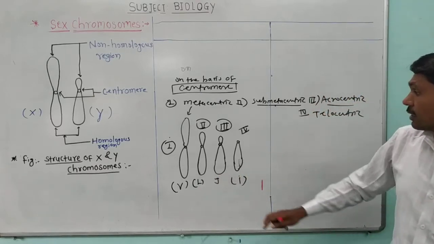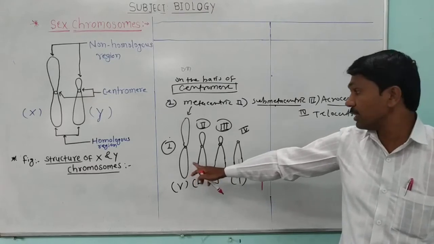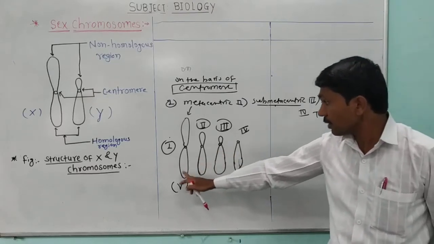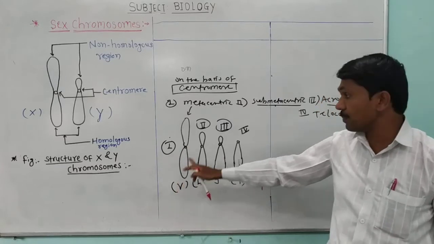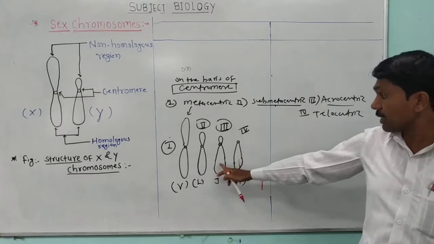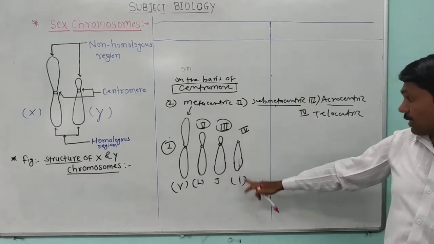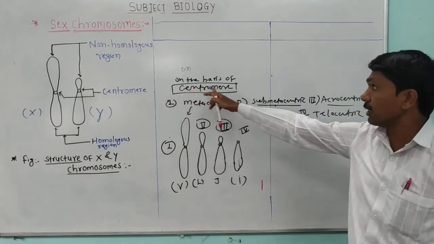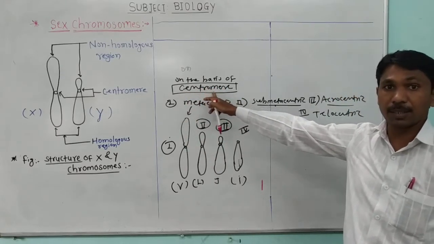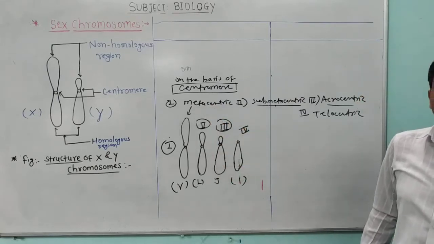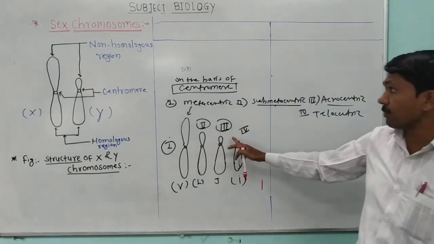That means the shape is also seen in the structure of the chromosome. So these are the four types based on the position of centromere. That's all about the structure of chromosome and their details, the remaining part of your last lecture.